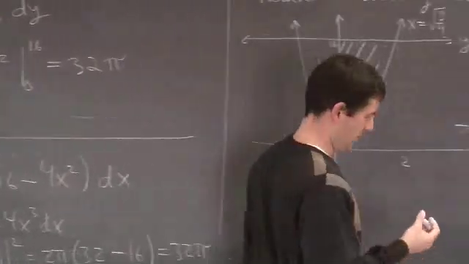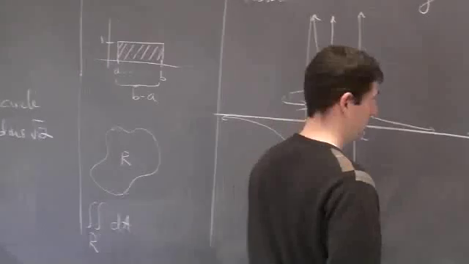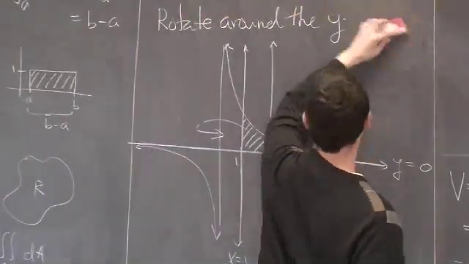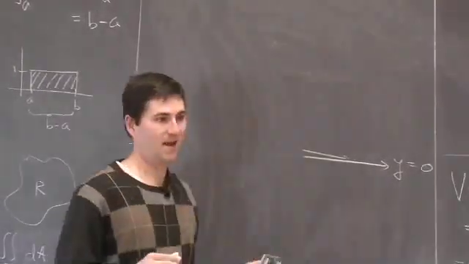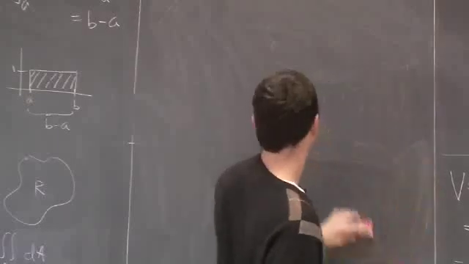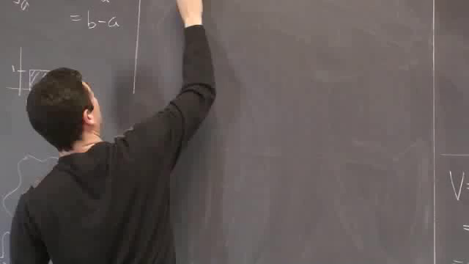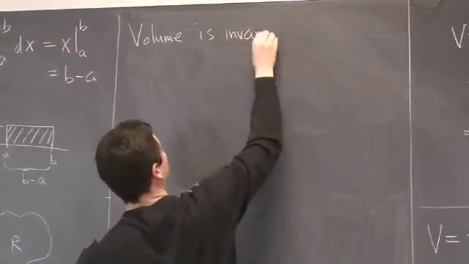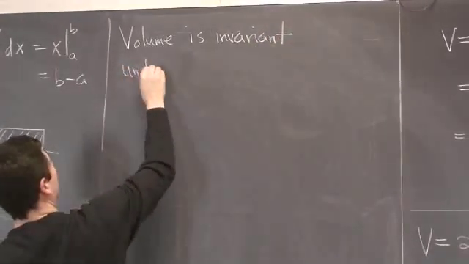Okay. So we're going to use the following principle, which is actually pretty obvious when you think about it. I'm just going to use nice mathematical words. Volume is invariant under translations.